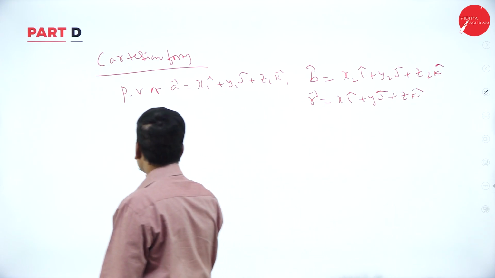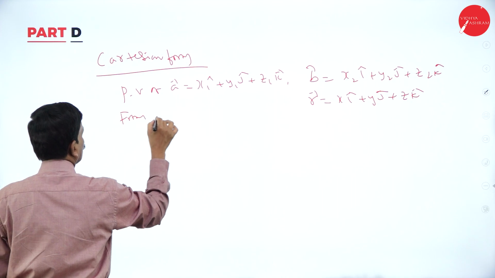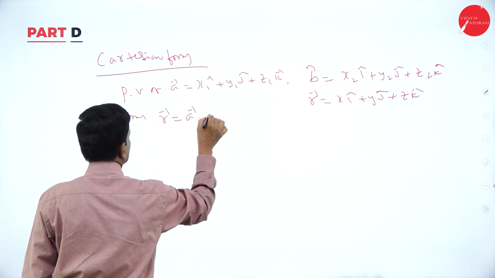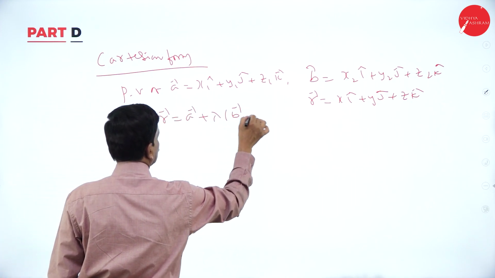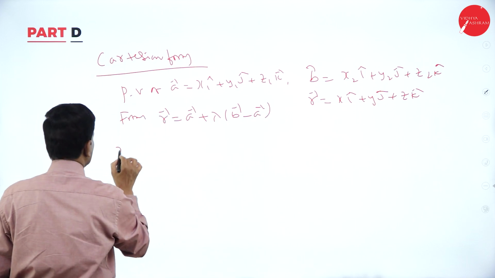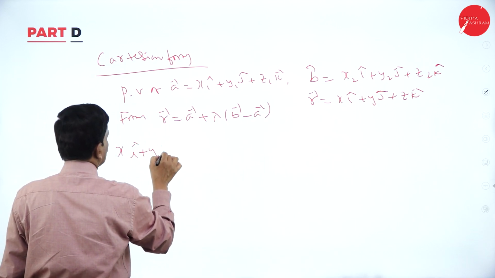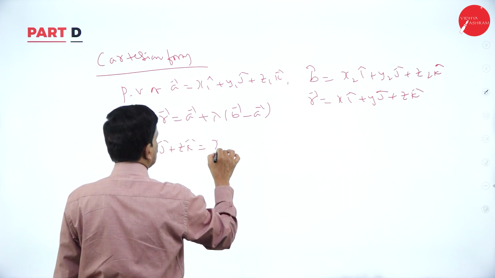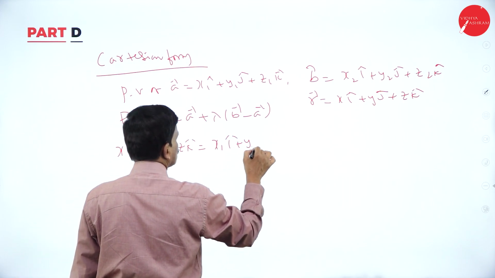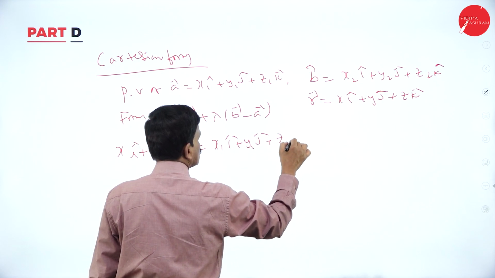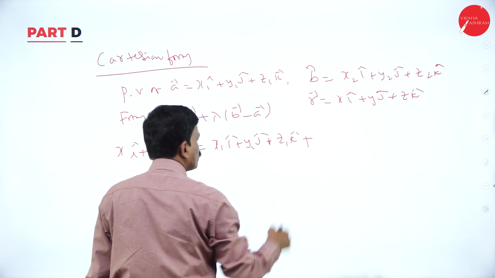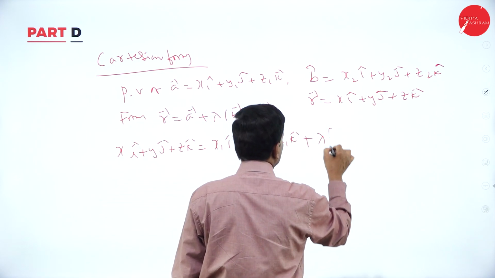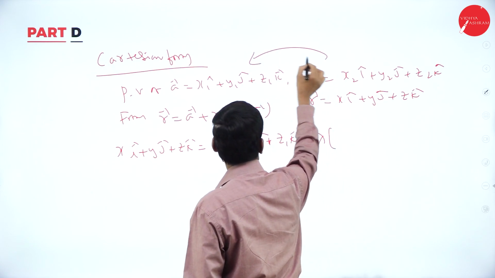Now from the vector equation, vector r equals a plus lambda into (b minus a), what is vector r? x i plus y j plus z k is equal to vector a, x1 i plus y1 j plus z1 k, plus lambda into (b minus a). Subtract these two vectors.